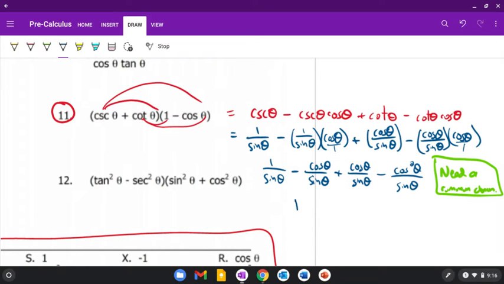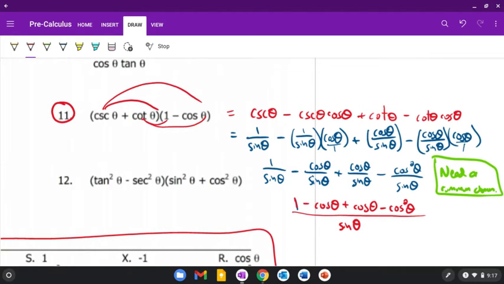All the numerators, we just add the numerators and keep the denominators. So we get 1 minus cosine theta plus cosine theta minus cosine squared theta. All the numerators can add together, add and subtract them, and then we just put them all over the same denominator, because all of our denominators are sine.